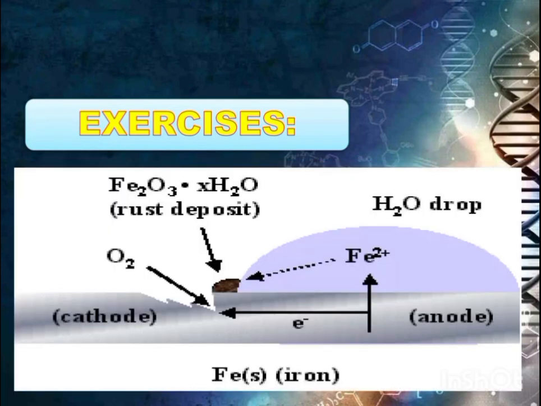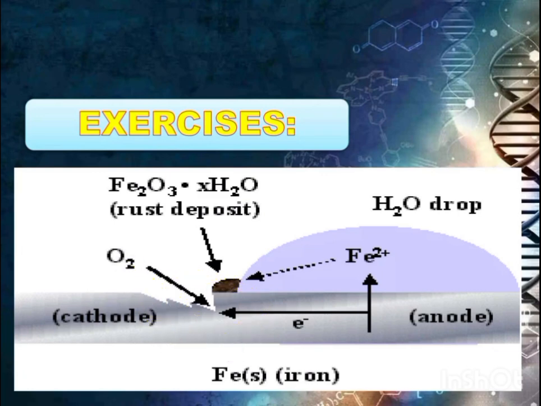Now this is another one. This reaction shows the diagram, which is actually the rusting of iron. Now this is a rod which is made up of iron, and over here it is damaged.